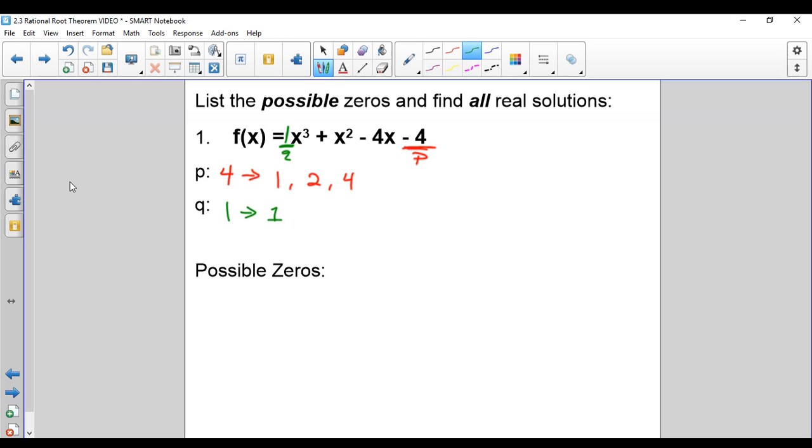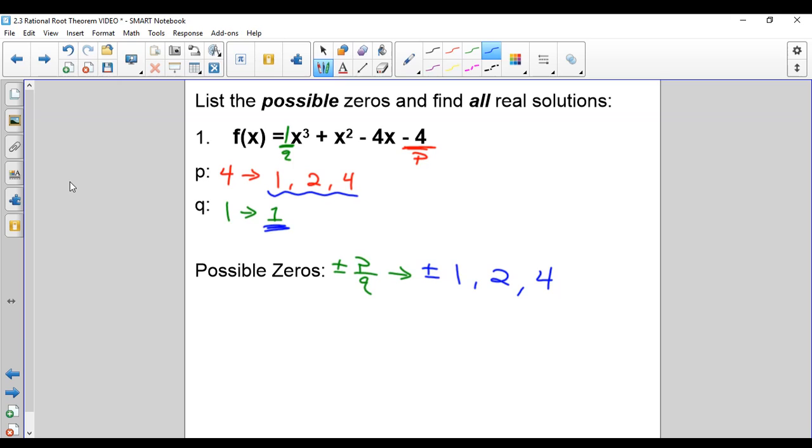My possible zeros are plus or minus P over Q. So it's my factors of P over my factors of Q. So my possible zeros are plus or minus 1 over 1, which is just 1, plus or minus 2 over 1, 2, plus or minus 4 over 1, which is just 4. Those are my possible zeros.